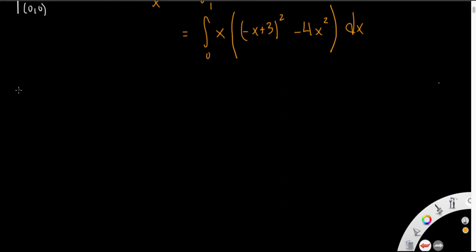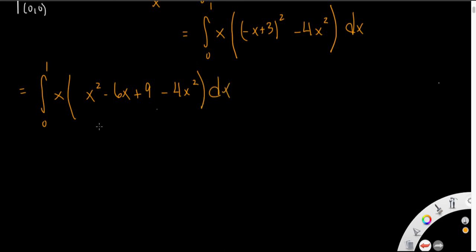Let's combine like terms, continuing on this side. Integral from 0 to 1 of x. Looks like we have x squared minus 6x plus 9 minus 4x squared dx.